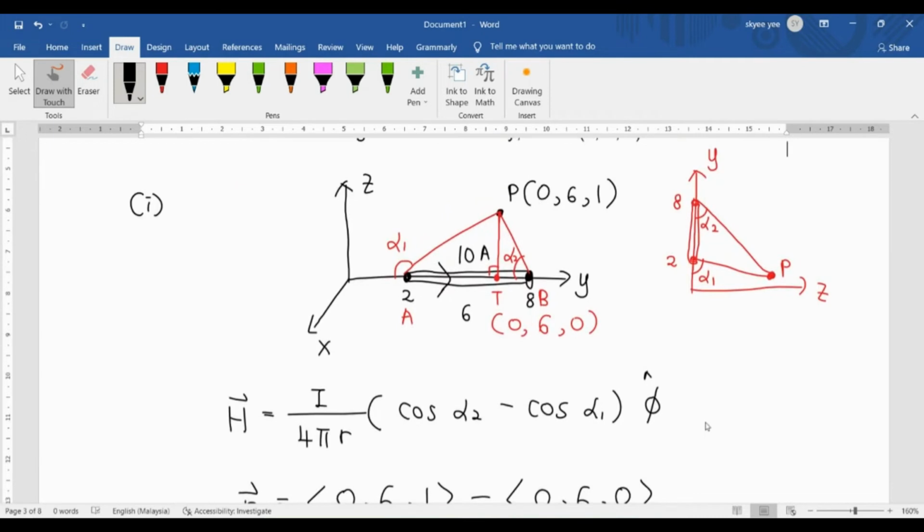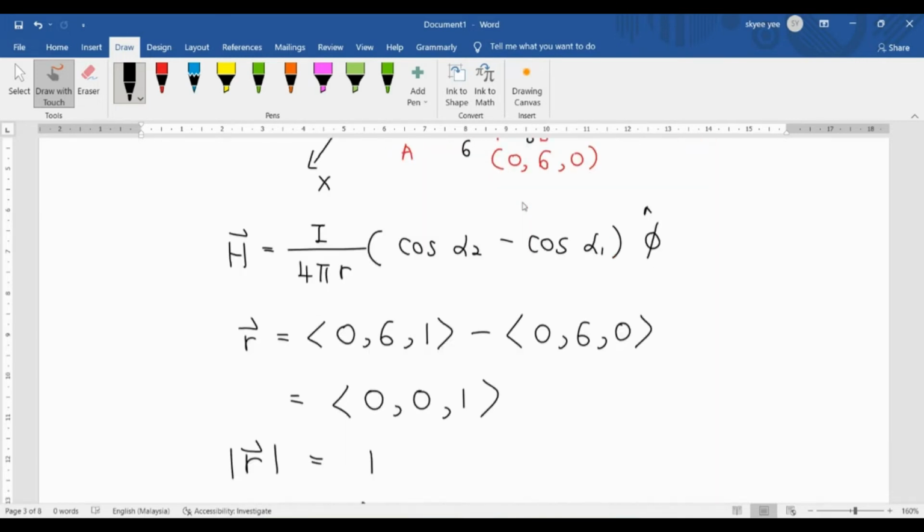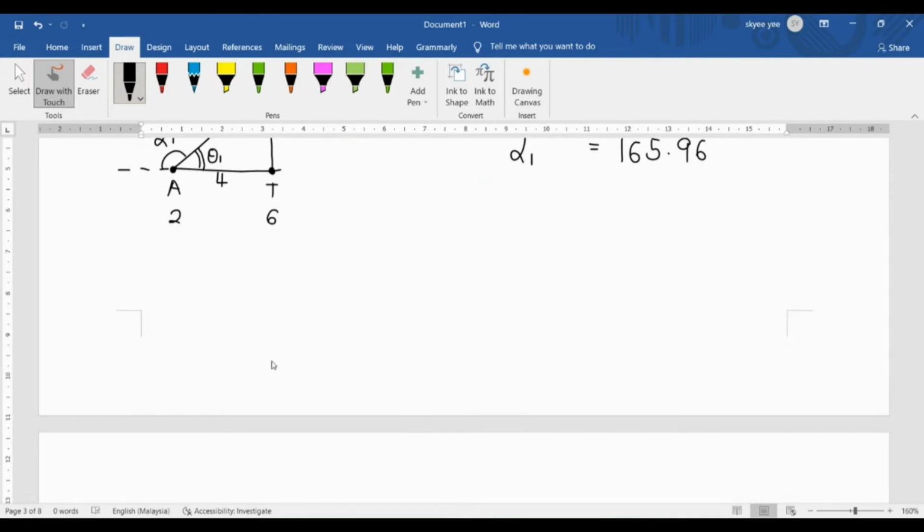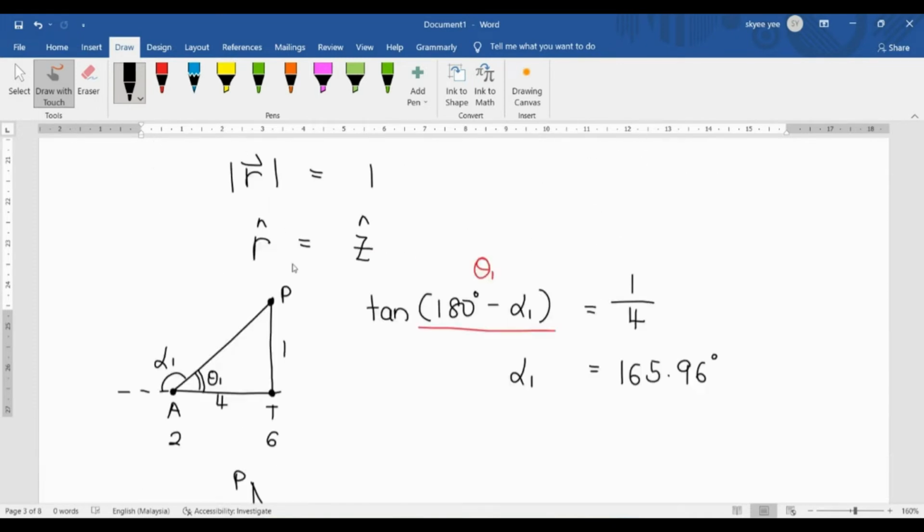Now let's look at your alpha 2. You can get it from here. There is a small triangle here, so I will draw it up. This is your point B, this is your point T, and this is your point P. This is coordinate 6, this is coordinate 8, so obviously the length over here is 2, and the length over here is 1. Where is your alpha 2?